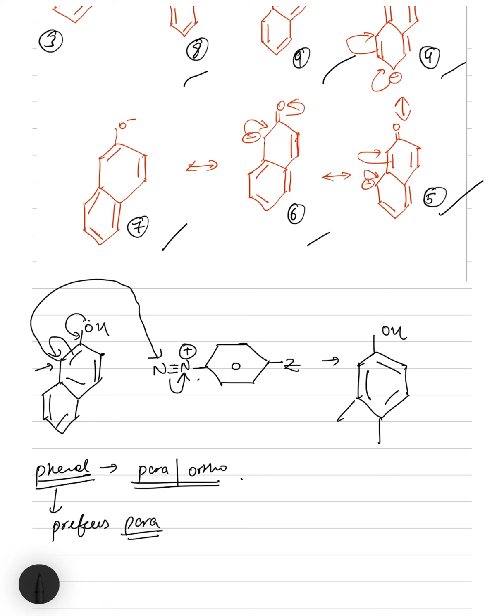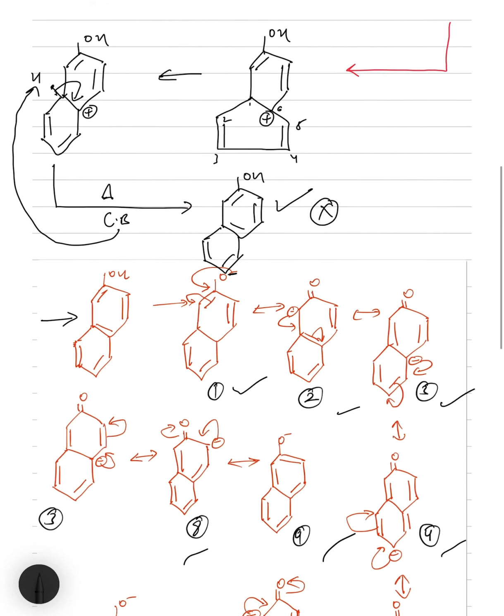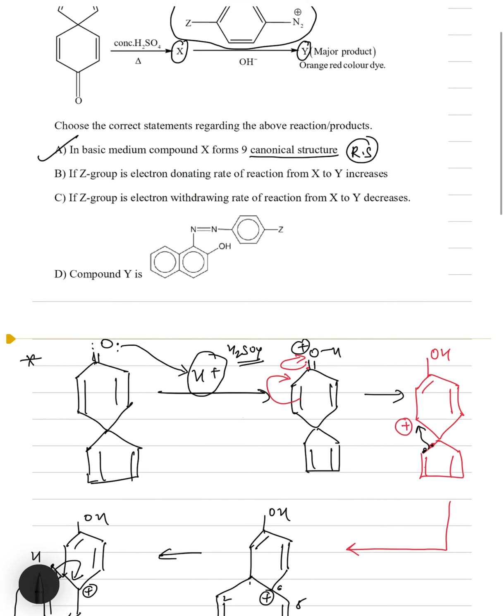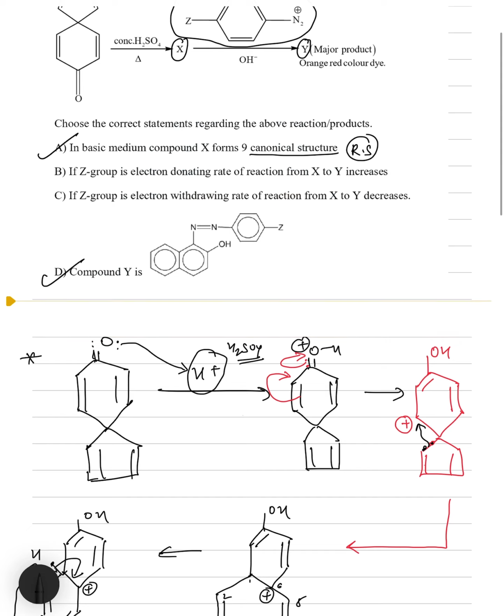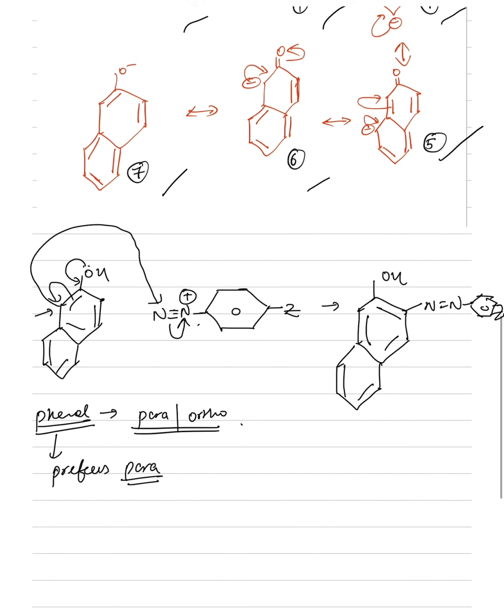In this way, we have the benzene here, and the molecule Z is here, right? This is the product which we have obtained finally. So if you look at the options, yes, option D is also correct, because D is the compound which we have formed here. The Y is the compound which we have formed here. Likewise, this is our compound Y.